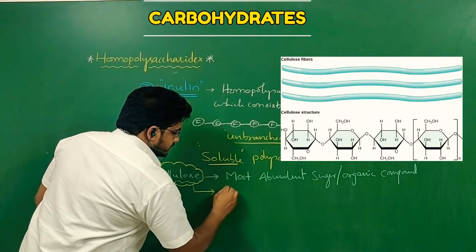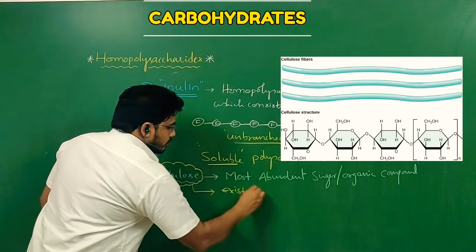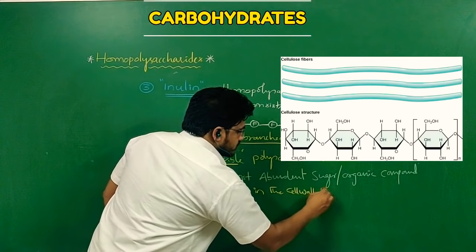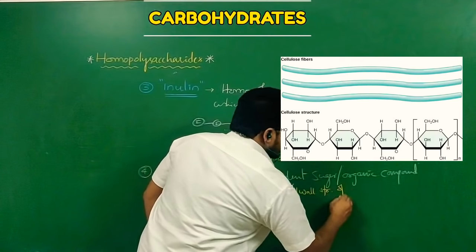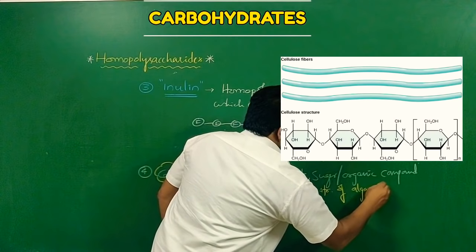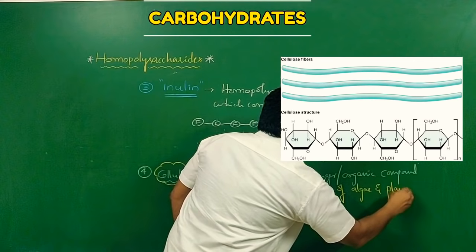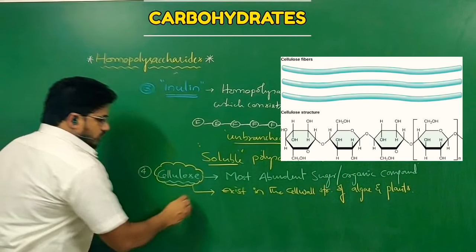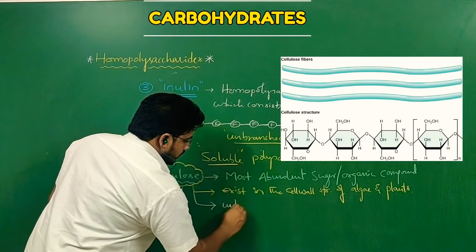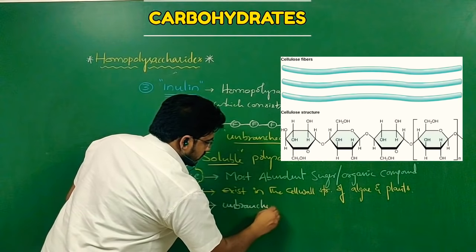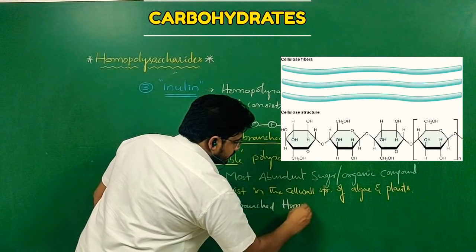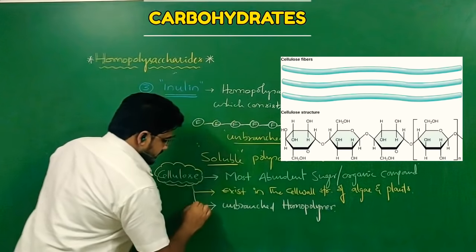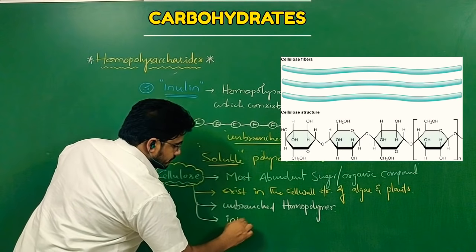It exists in the cell wall structure of algae and plants. Cellulose is an unbranched homopolymer. It is insoluble in nature.